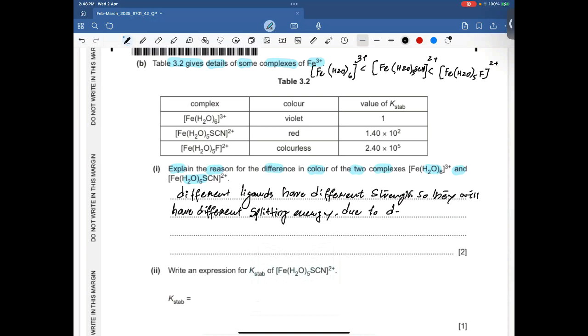So due to d-d electronic transition, they will absorb different energy for electron promotion, at different frequency. Hence, different complementary color is observed.